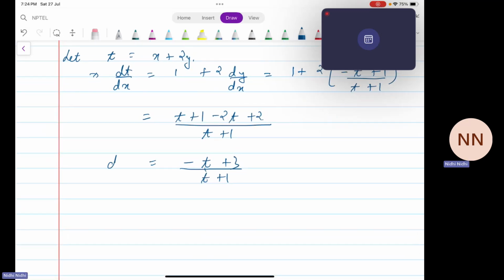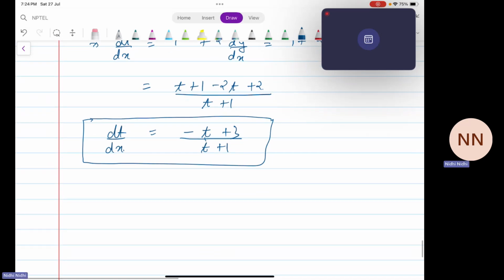So again we are now in the framework of separation of variables. Separating the terms involving t variable and x variable, we get t plus 1 upon 3 minus t dt is equal to dx.